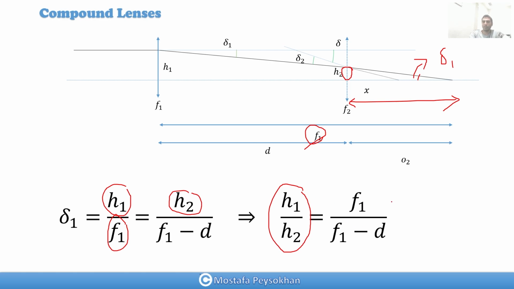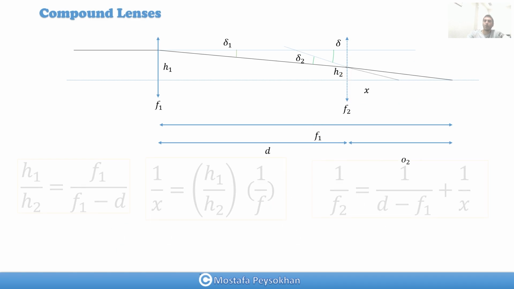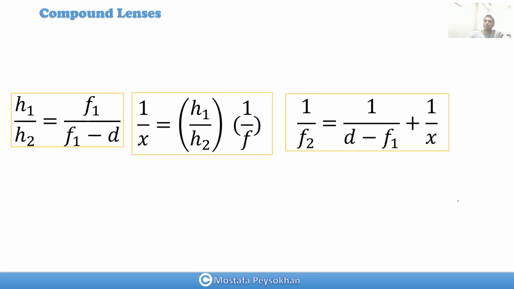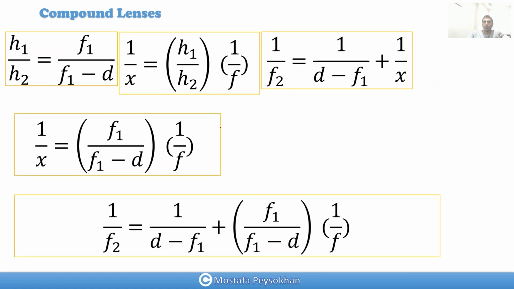Now we have everything. We have 1 over x, we have h1 over h2, and we have the equation as a function of f2, f1, d, and 1 over x that has 1 over f. So we need to solve these three equations together. 1 over x is equal to h1 over h2 times 1 over f.